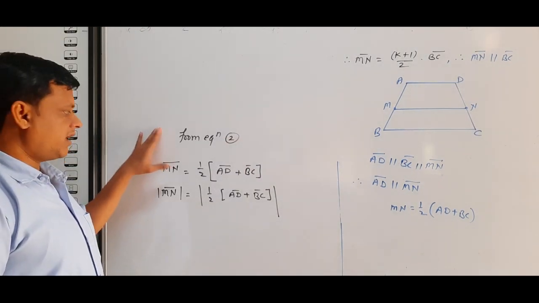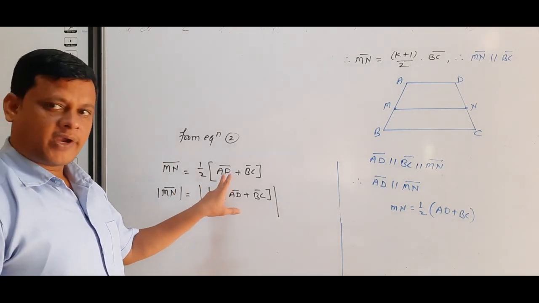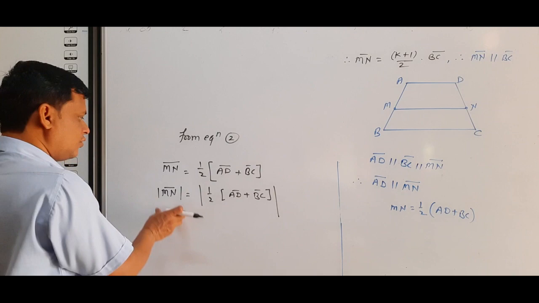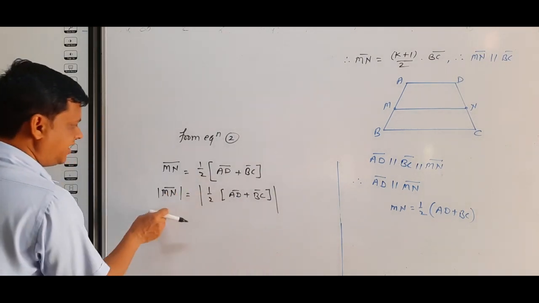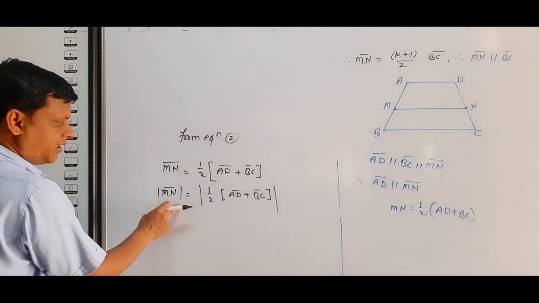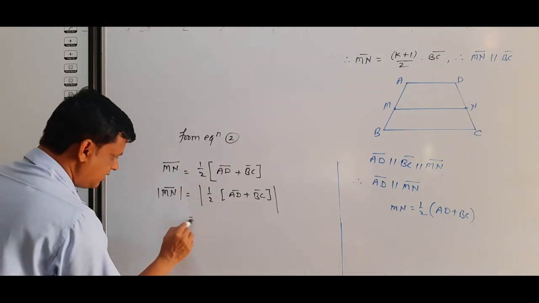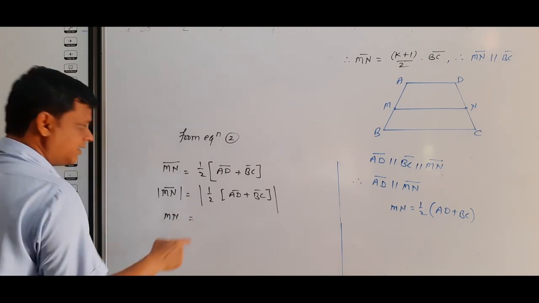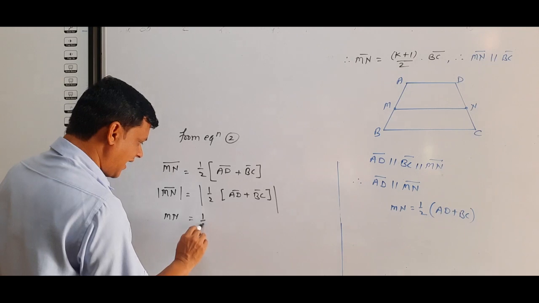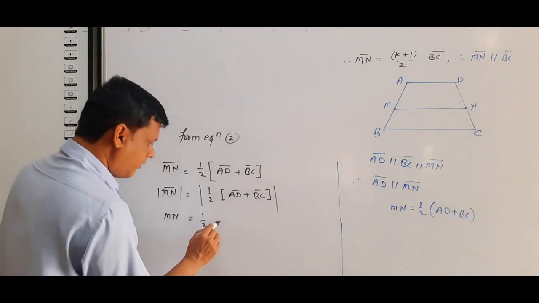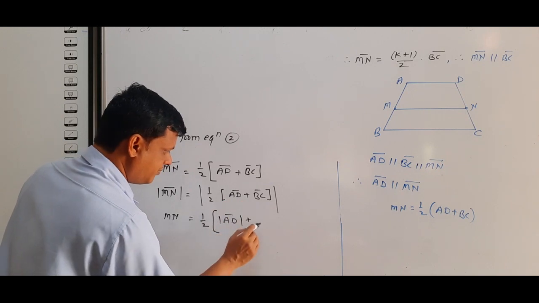So see how to write. From equation 2, vector MN equals half of the sum of vector AD plus BC. So we take modulus on both sides. So we write here modulus of vector MN, that is the magnitude of vector MN, which we write MN, equals half of the magnitude of AD plus BC.